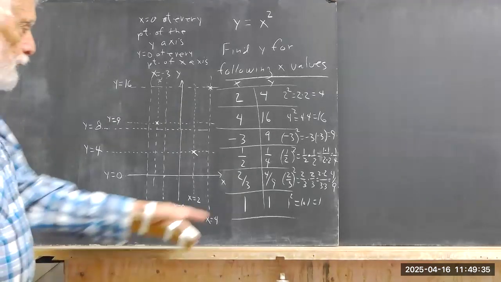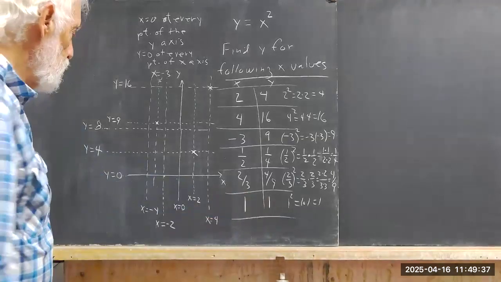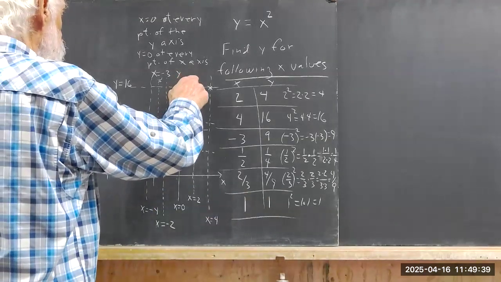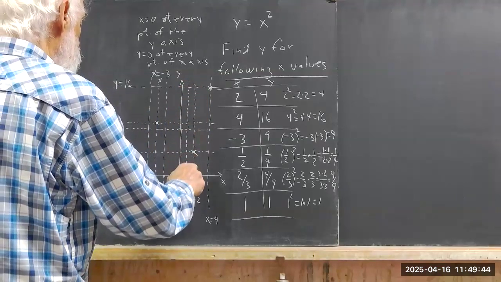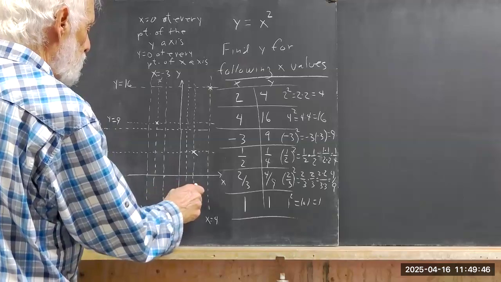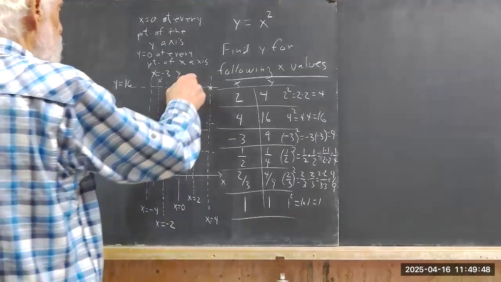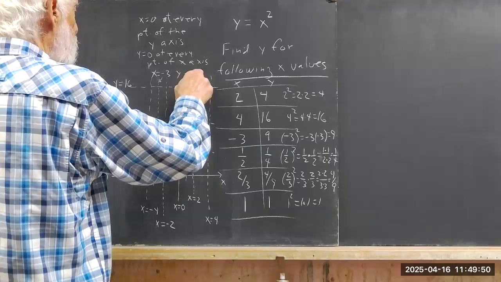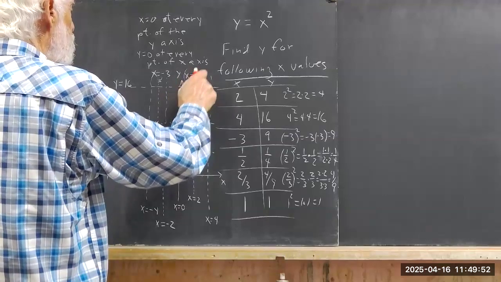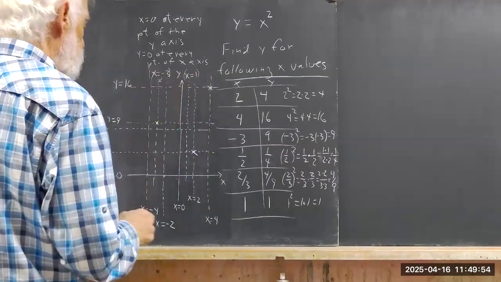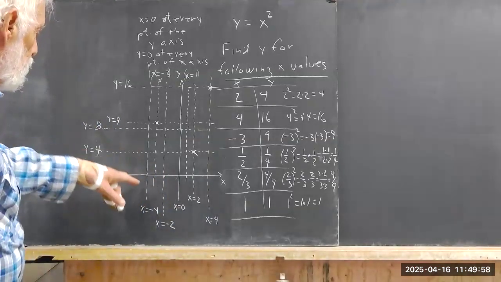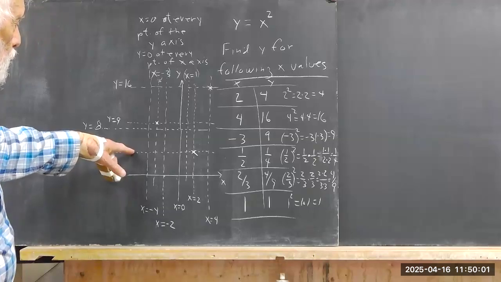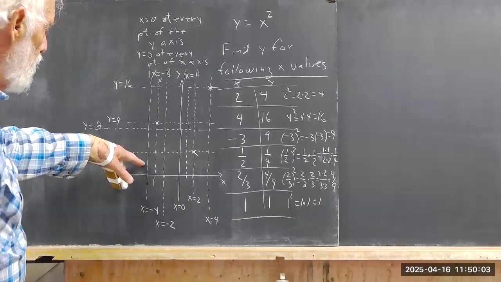Then what do we have? We have x equals 1 and y equals 1. X equals 1 is halfway between x equals 0 and x equals 2. I'll label that up here. And y equals 1. Well, y equals 2 is halfway between y equals 0 and y equals 4. That would be here.